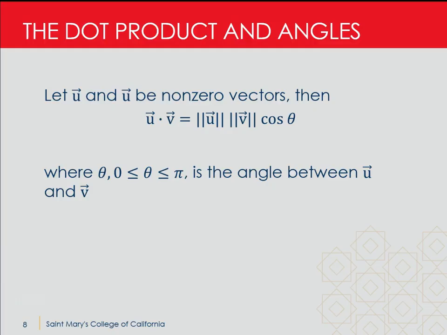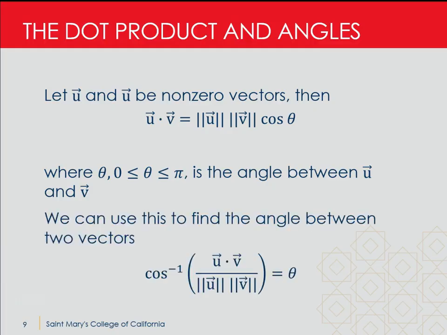That obviously depends how we take the arc cosine, but we assume the default value between 0 and pi. Taking that formula and solving for theta, we get theta equals the inverse cosine of u dot v divided by the magnitude of u times the magnitude of v. We take all that and take the arc cosine, and we get that angle.